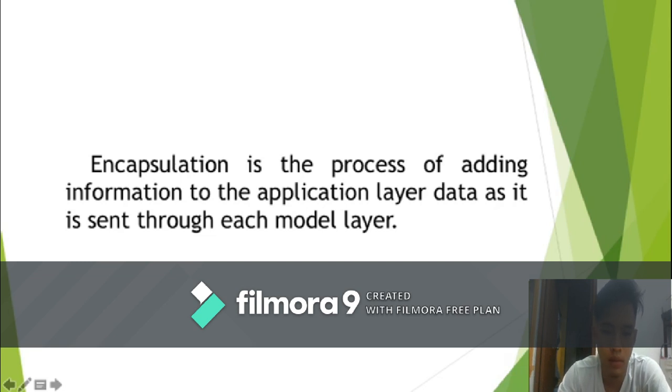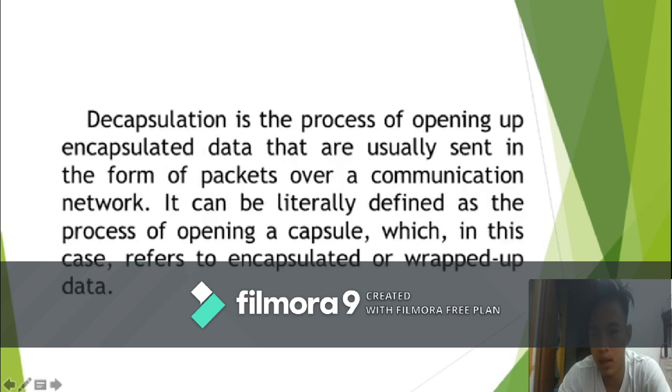Then the email travels through the network and comes to the destination. Then the email goes to the network access layer, internet layer, and transport layer, and to the application layer in order.